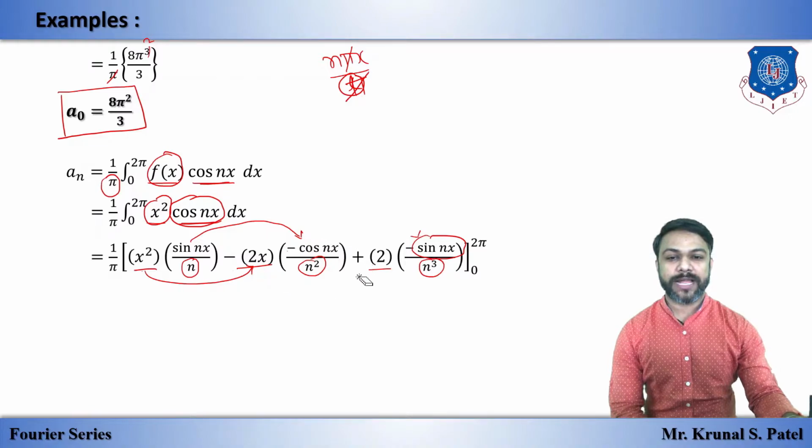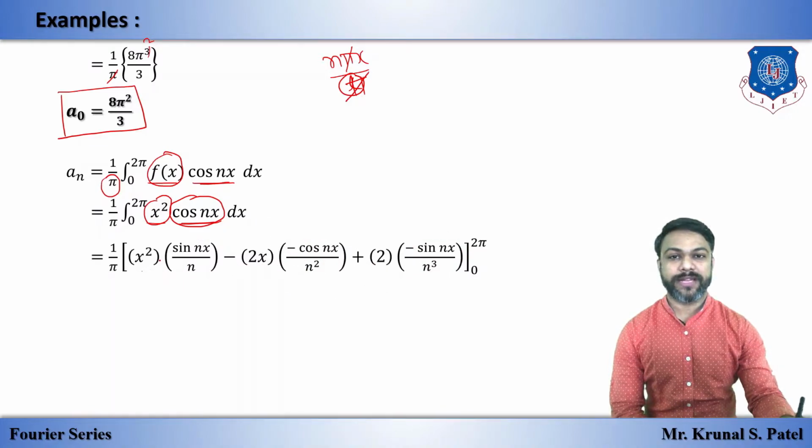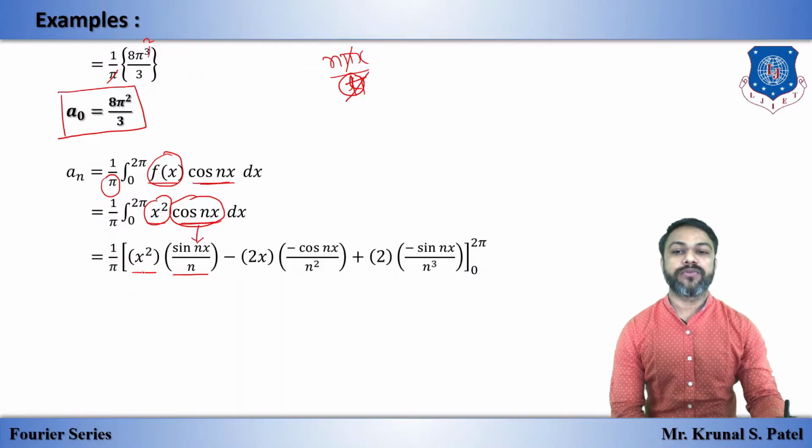One more time I am explaining this Bernoulli integration. First x square as it is, integration of the second, that means integration of this. Now differentiation of x square: in the first bracket we differentiate this x square, 2x and 2, and plus minus plus as I told.